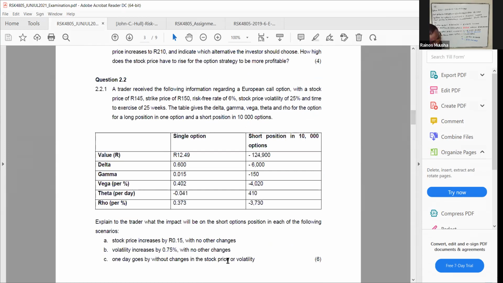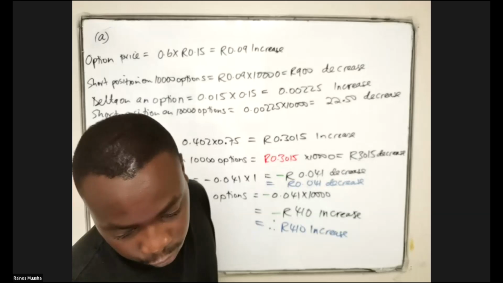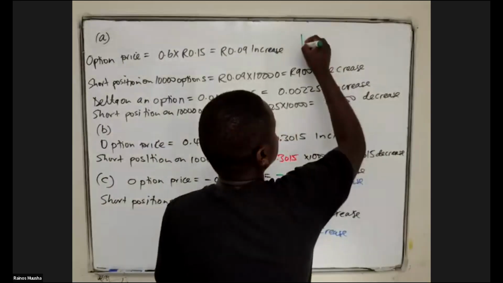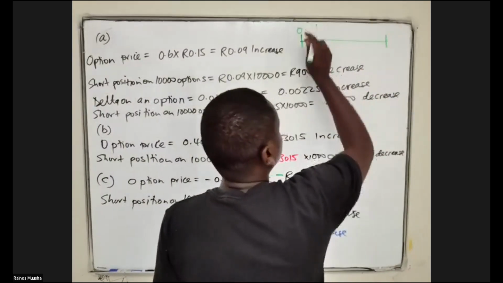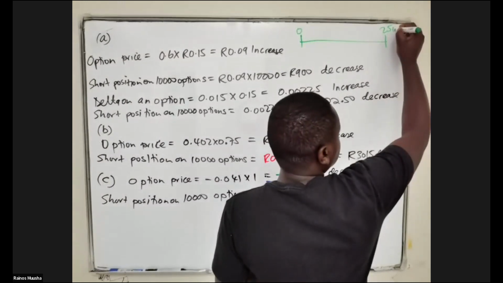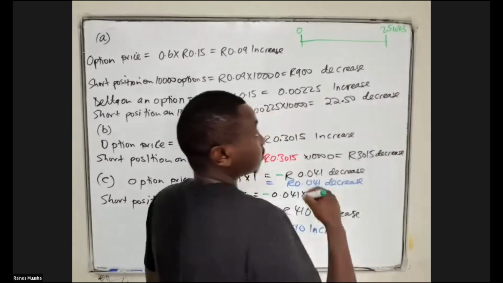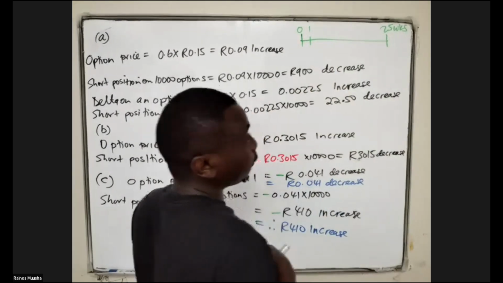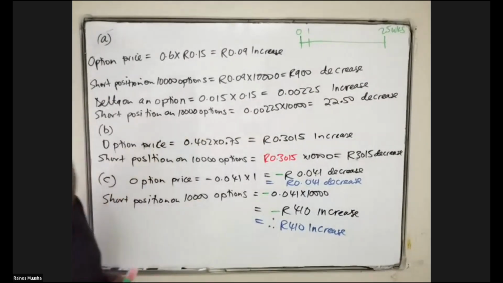Are we on the same page? Remember here they say time to exercise of 25 weeks, isn't it? So if 1 day goes by, we're basically saying, if you look at your timeline, you are starting off on day 0. The contract expires in 25 weeks. So if you move forward, you have basically moved forward 1 day, isn't it?